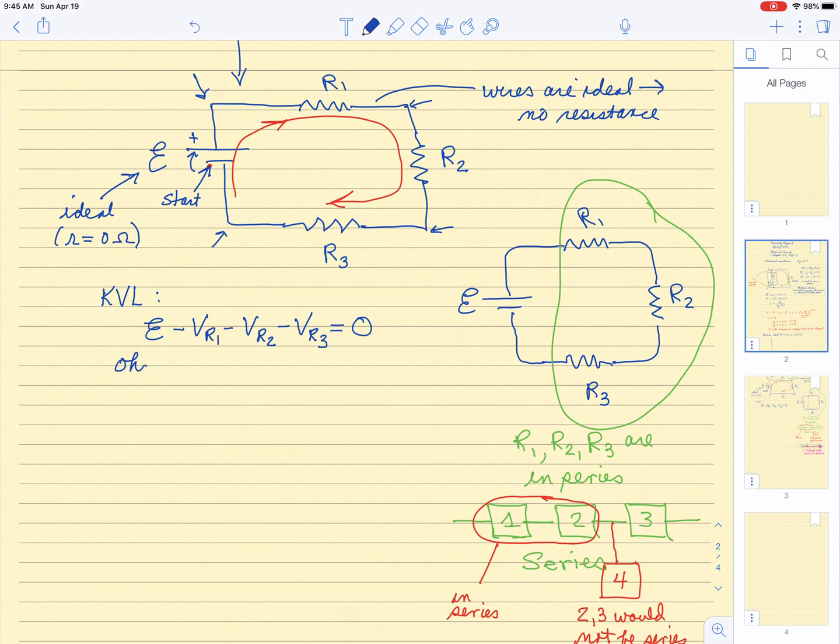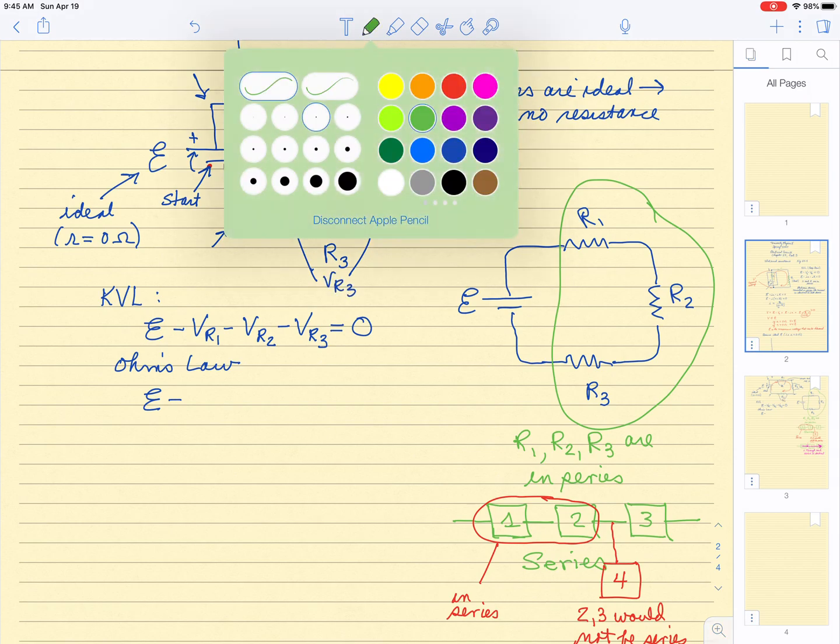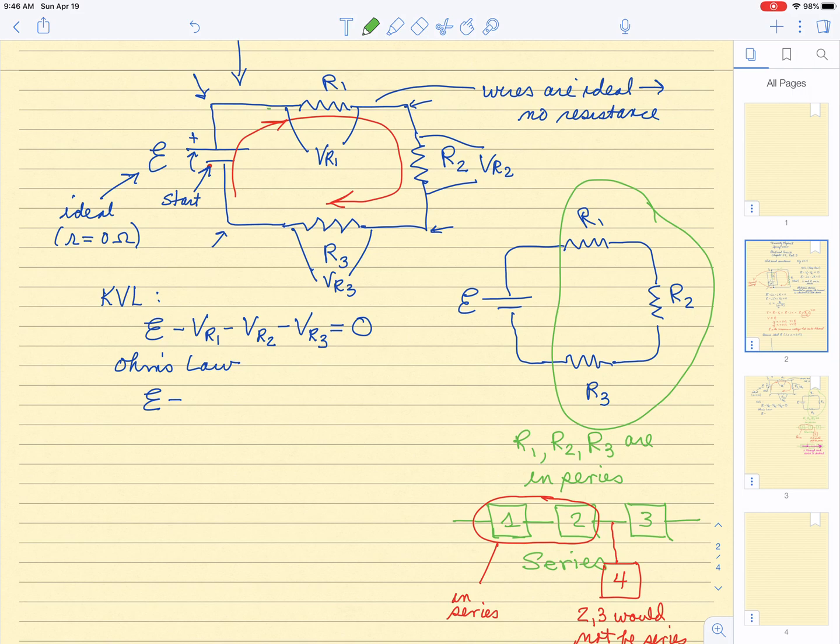So again, we can use Ohm's law, and so the voltage drop across R1, the voltage drop across R2, the voltage drop across R3, can be calculated because we know that the current going through each of these devices is identical.